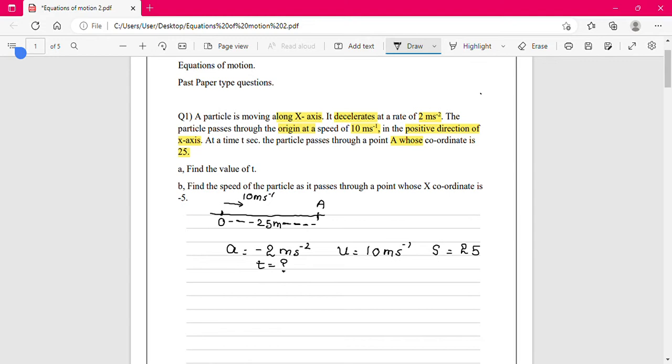So obviously, which is the relationship that will relate S with U, T and A? S is equal to UT plus half AT square. Put the values.